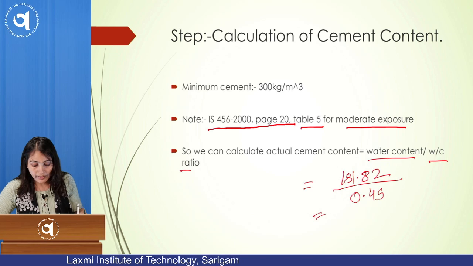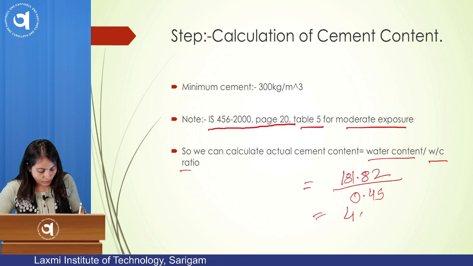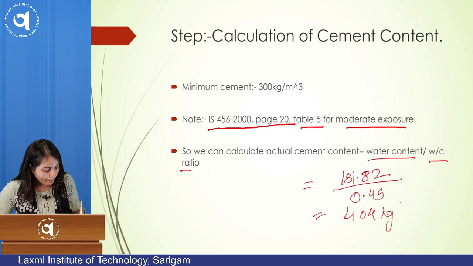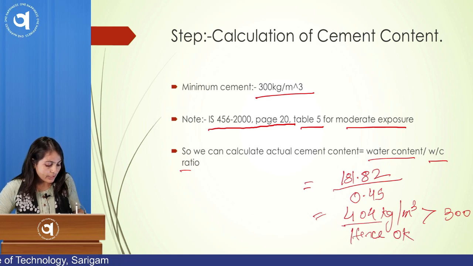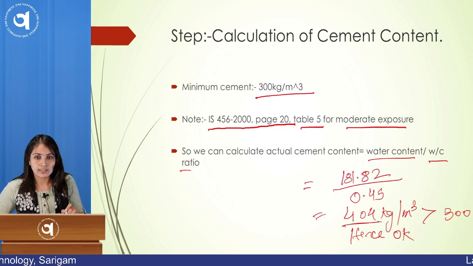So I get 404 kg per meter cube of cement, which is greater than 300. Hence it is okay, because this value is greater than the minimum in IS 456.